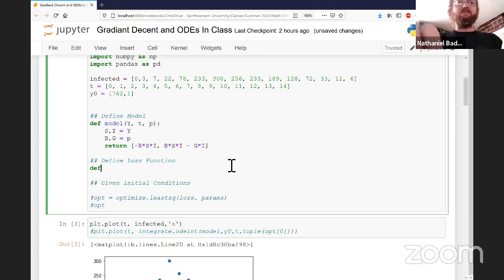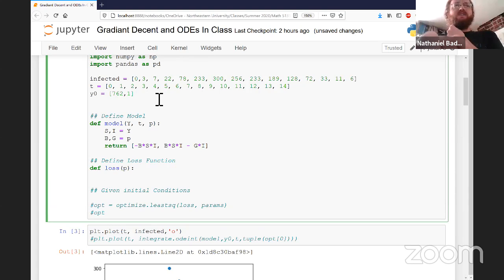So now we're going to define our loss function. Our loss function now needs to only take one thing: the parameters. In this initial example, I'm going to do something which you can do in Python, which is sort of abuse global variables. I'm just going to leave this stuff written out here and define the loss.